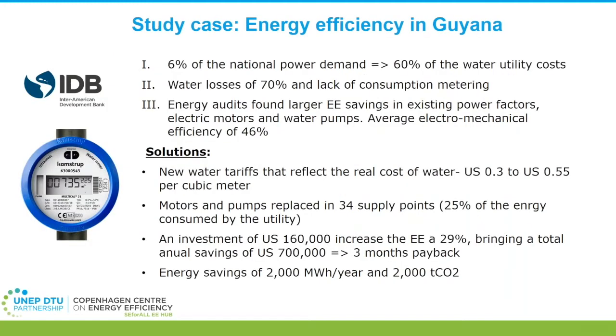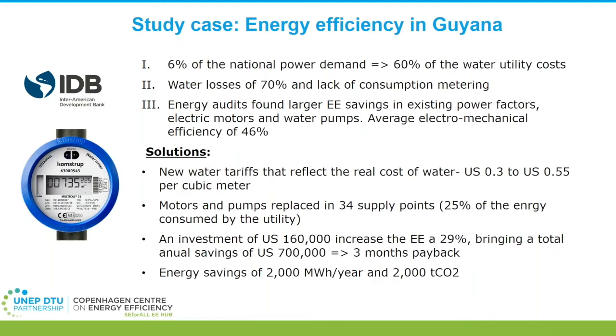A great example of energy efficiency increase in water supply systems was found in Guyana, where the national water utility, together with the Inter-American Development Bank, studied the existing efficiency in several pumping stations throughout the country. They tried to identify where the inefficiencies were and where the opportunities for improving both the water and the energy efficiency were.